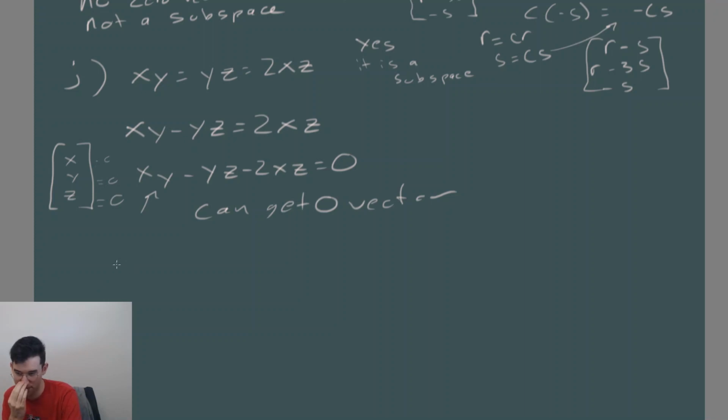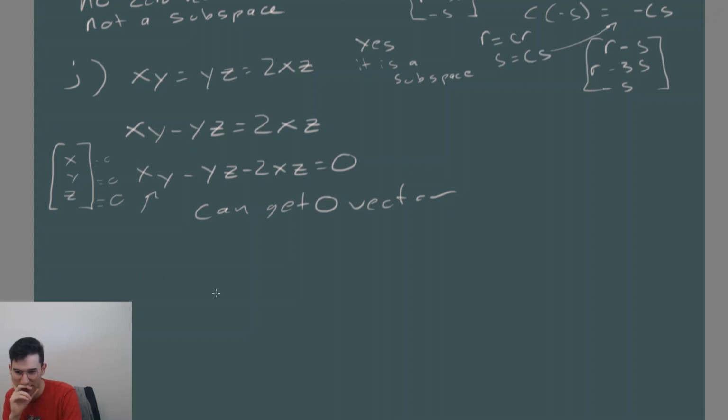But let's see, is it closed under addition and multiplication? Under vector addition, we have this linear system. Is there a way that we could get x, y, and z by themselves? That's essentially what we're looking for, I hope. Well, let's see if we can factor.